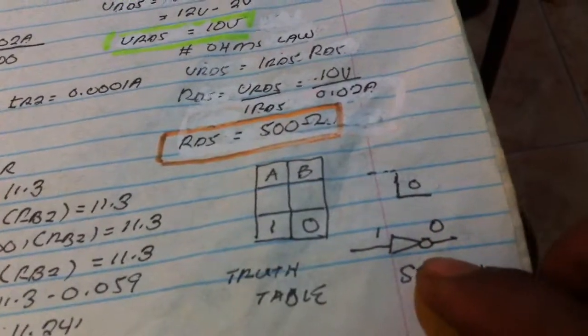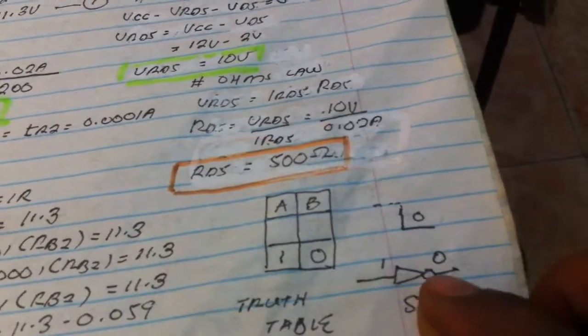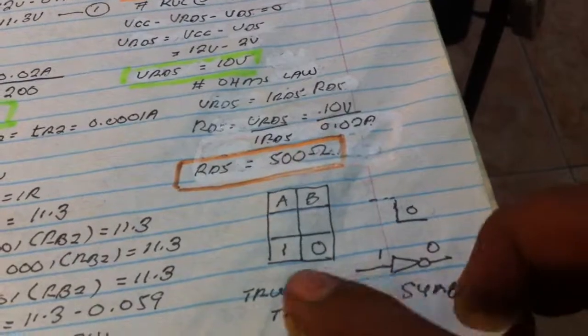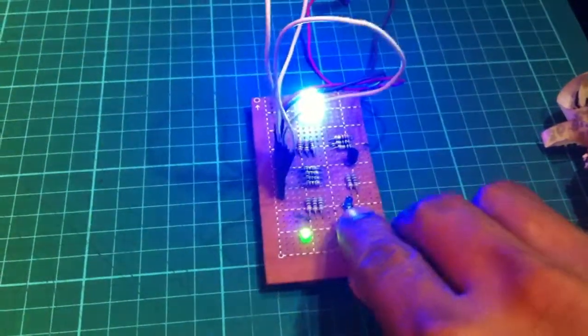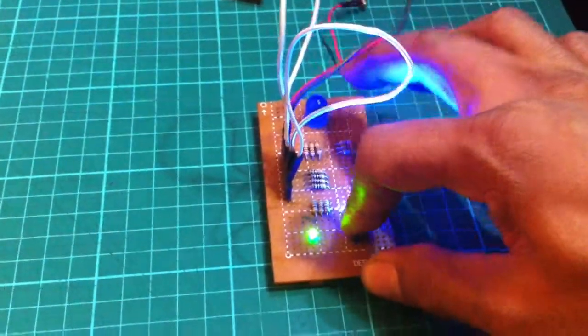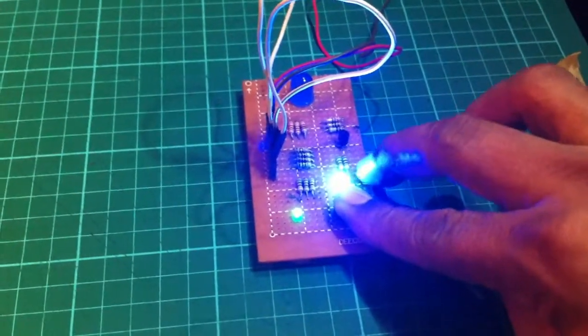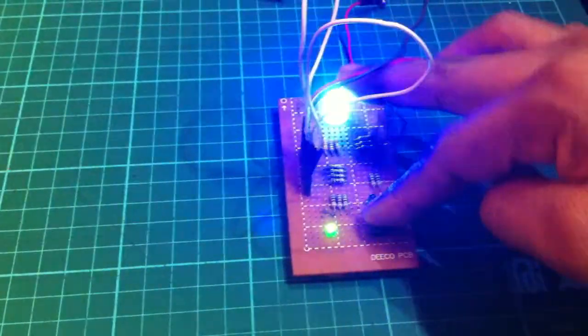With the output, this is the inverter, putting an input 1, we have the output 0. See, the input LED is turning on, means it's 1, and then the output is 0.